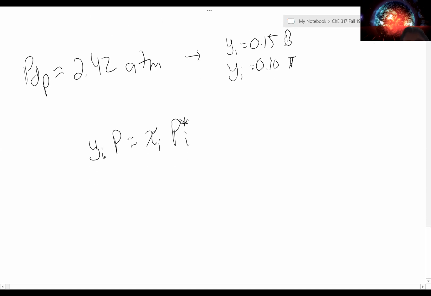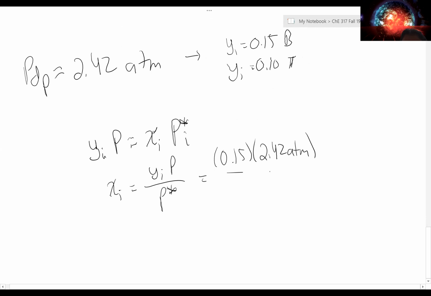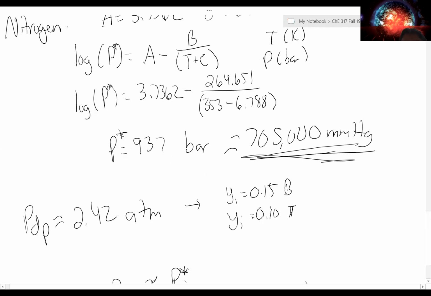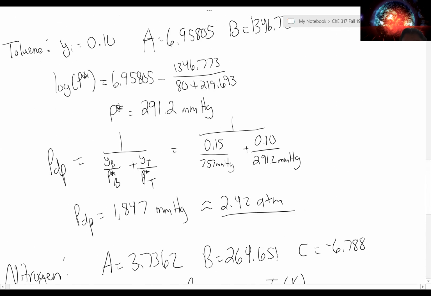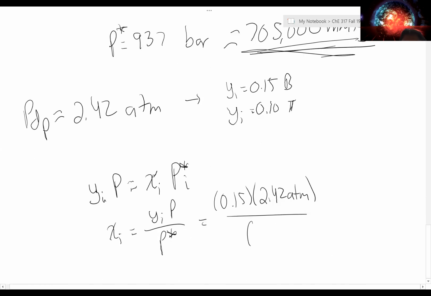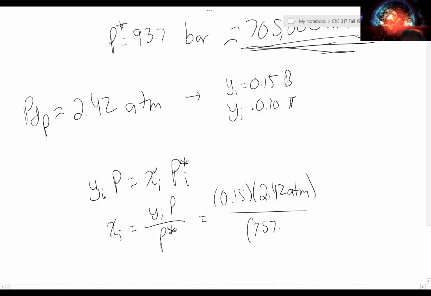And so I could say, well, x of i is equal to y of i times P over P star. So for benzene, it would be 0.15 times 2.42 atmospheres over its vapor pressure, which I had as 757 millimeters of mercury.